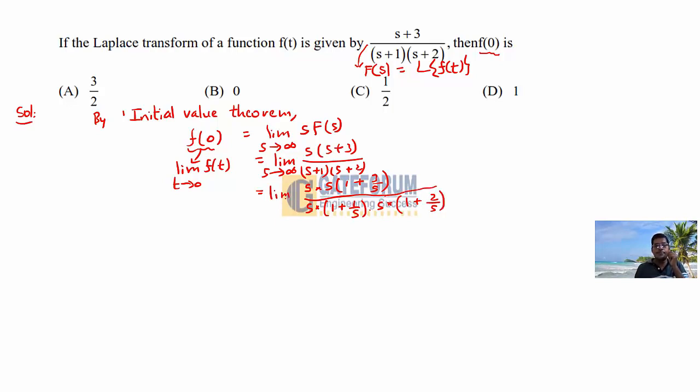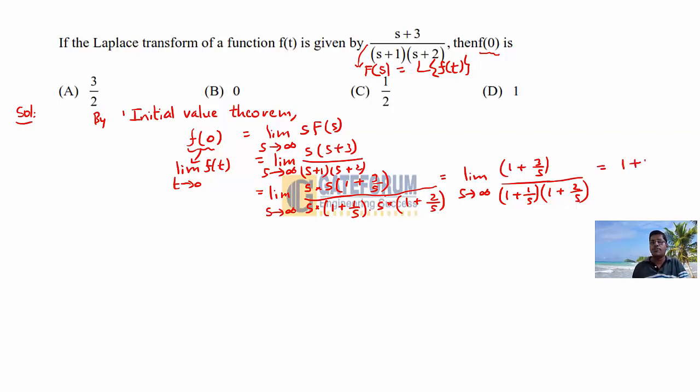So s square cancels. The remaining limit as s tends to infinity is 1 plus 3 by s divided by 1 plus 1 by s into 1 plus 2 by s. Whenever s tends to infinity, 1 upon s tends to 0. So the limit of a constant is itself: 1 plus 0 divided by 1 plus 0 into 1 plus 0. So this simplifies to 1.